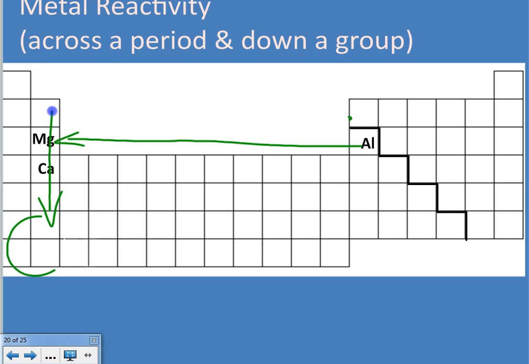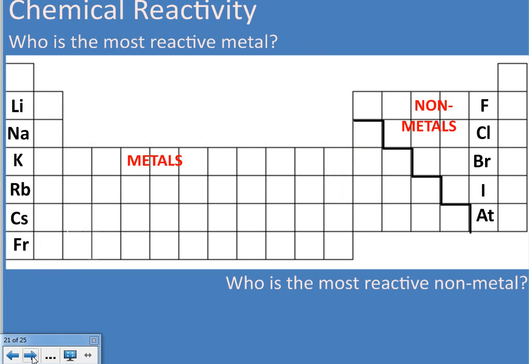So it turns out that these metals down here are the most reactive, and the metals up here are the least reactive. Right, so we then saw with the non-metals, fluorine was the most reactive.